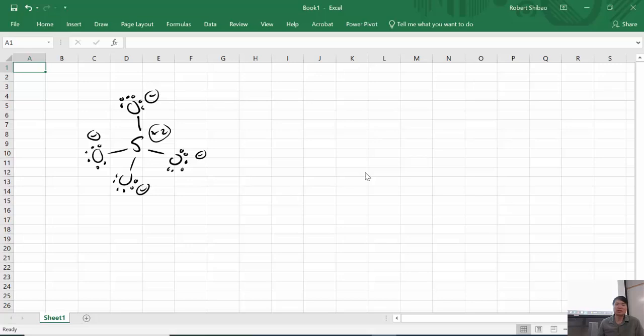And so this expanded octet idea was, so this might be a better representation of the structure. Better representation, we have these higher formal charges, which isn't great. I mean, a +2 formal charge on sulfur isn't great, but there's some ionic. So this is a mixture of covalent and ionic bonding here.